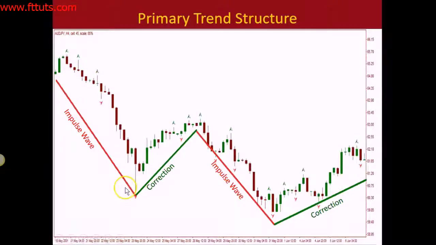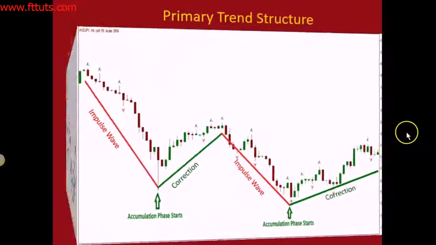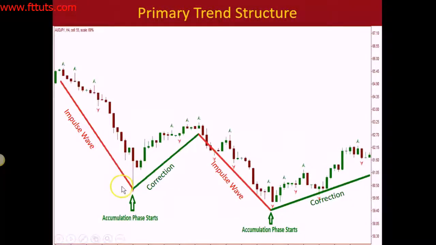Here you have your impulse wave, correction, impulse wave, correction, right? Impulse wave, accumulation phase, correction. Impulse wave, accumulation phase, correction. So in accumulation phase, buyers are coming into the market.